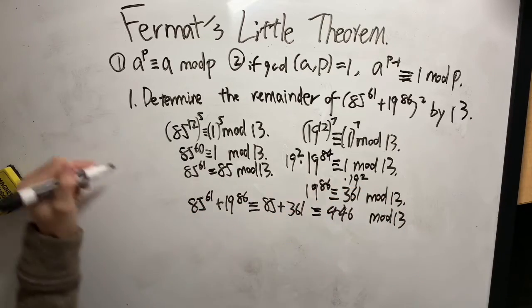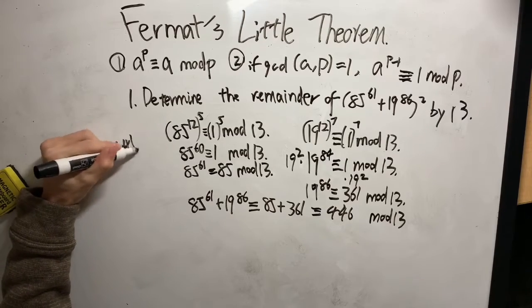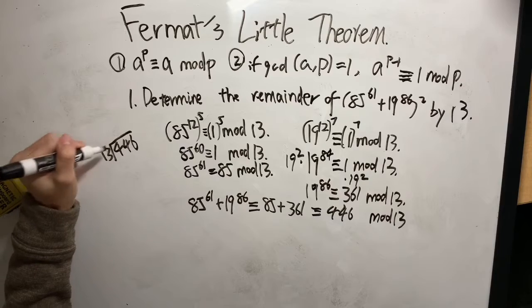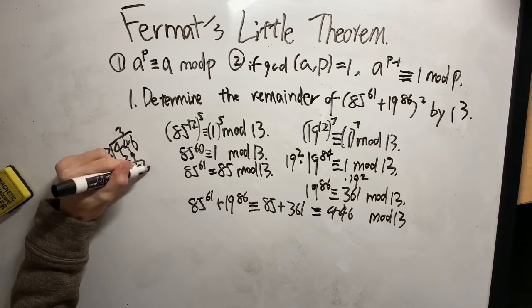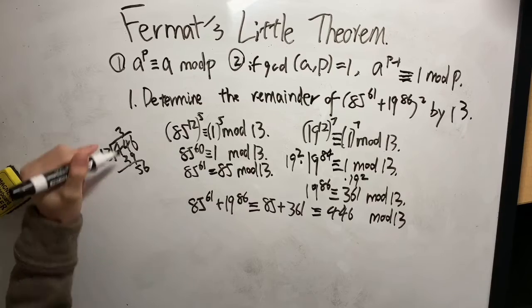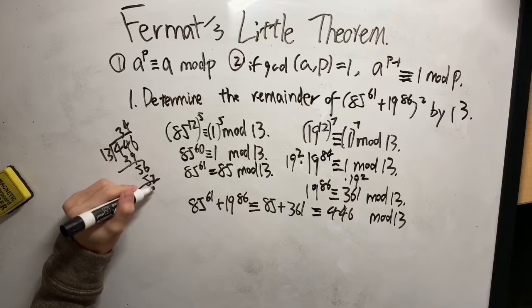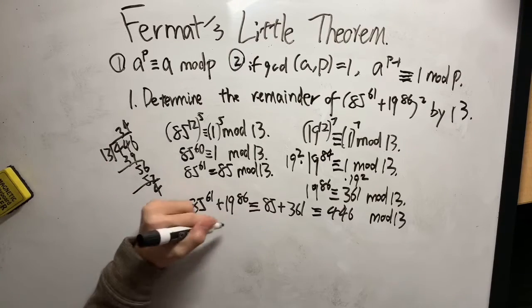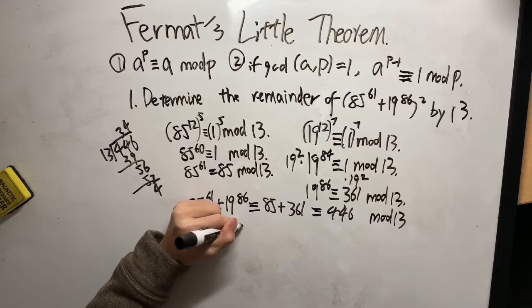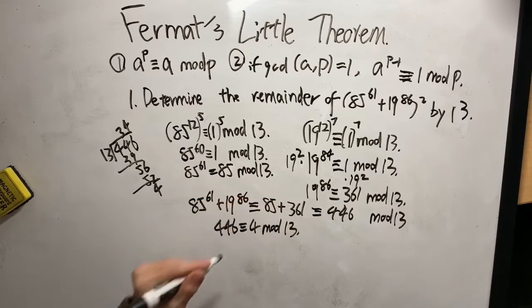For 446, when we divide by 13, we have 39, 56, 52. We have the remainder of 4. So 446 is congruent to 4 mod 13.